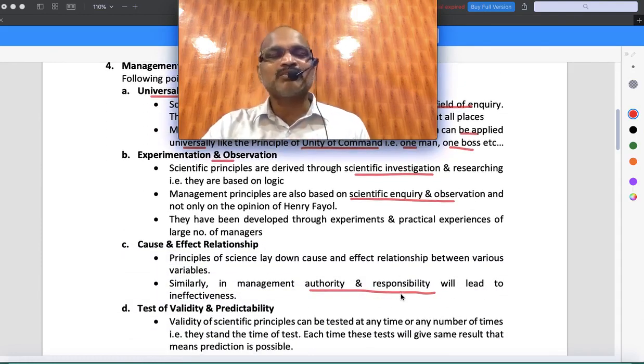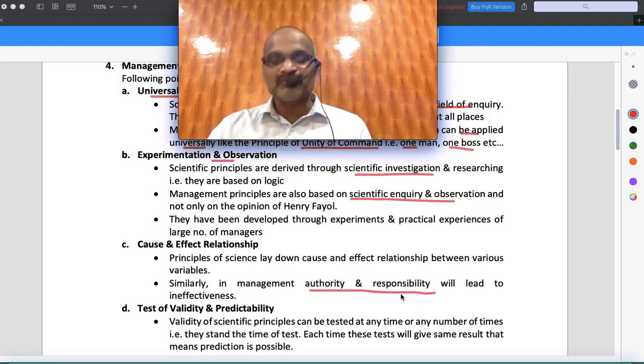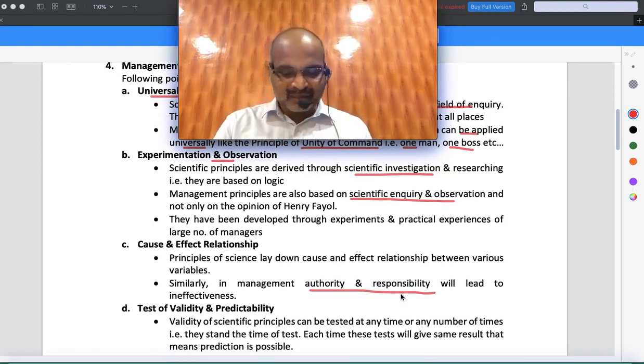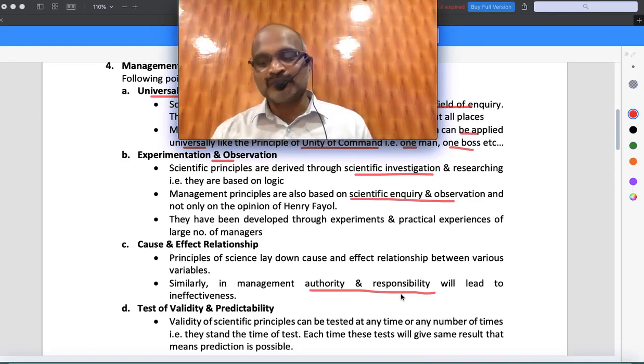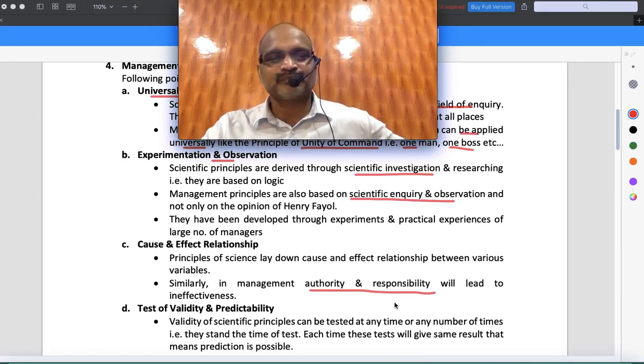Just like science explains cause and relationship, management also teaches you that if a company's effectiveness is not good, there might be a cause for it. Management will tell you this is the reason why people are not performing, why productivity is not good, why quality is not good. Like this, management will keep explaining the reasons for non-performance of the company.